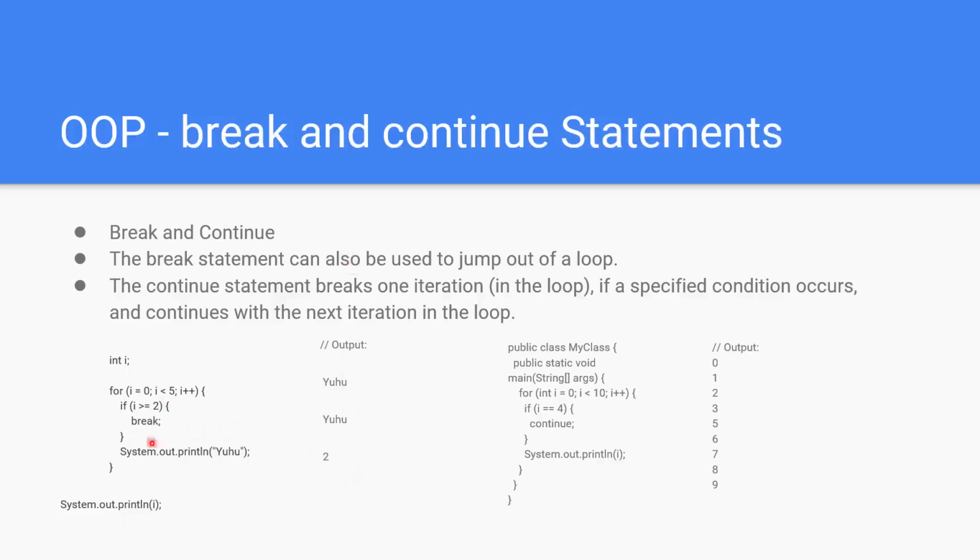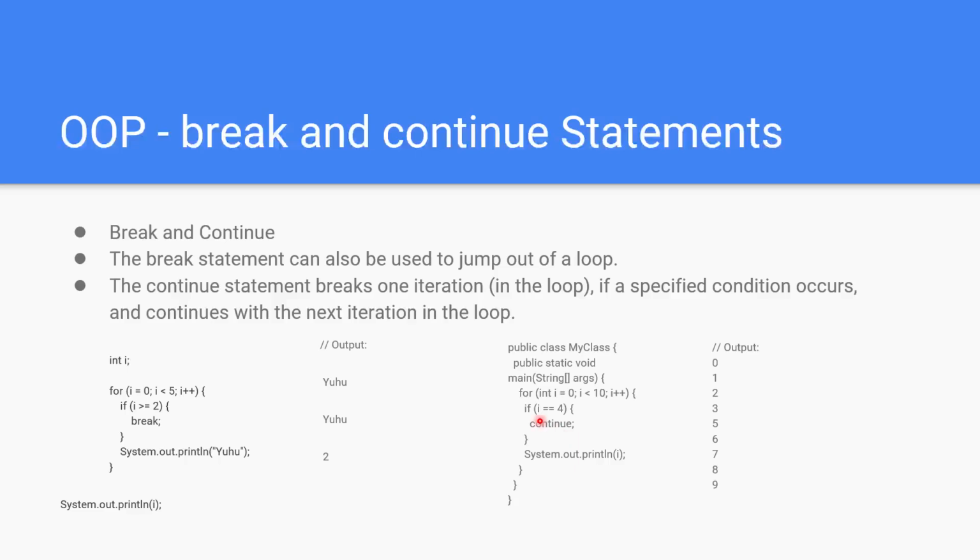You can see here from the output. While I is equal to 0, we get Yahoo. While I is equal to 1, we get Yahoo. However, the next time we run, it's going to be equal to 2. So we break immediately, and we print the 2 right here. So you can see how we broke out and never printed Yahoo again. So that is the break statement.